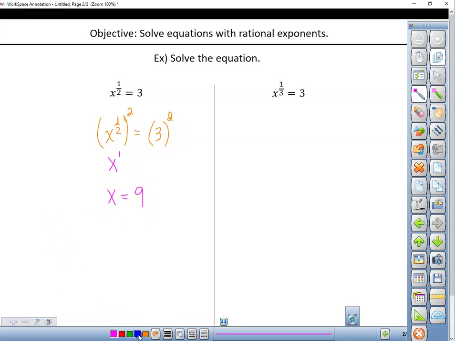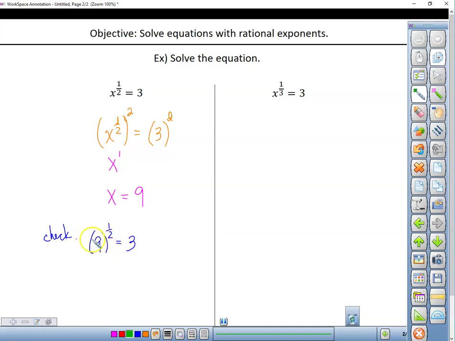And then for checking purposes, you can use this structure here, or you can change it to its radical structure. I'm going to again show you how to use this structure for a check. So what we'd have would be 9 to the 1/2 power equals 3. So, like I said, you could change this to the square root of 9 and see that you get 3 equals 3.